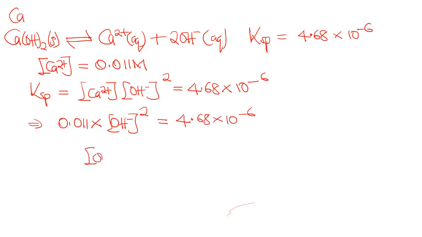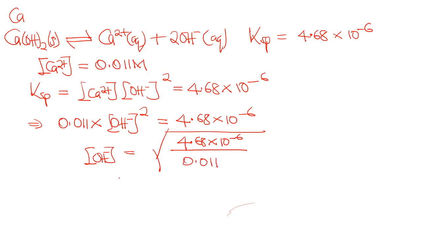So the concentration of the hydroxide ion is equal to the square root of 4.68 times 10 to the power negative 6 divided by 0.011, which is 0.021 molar.